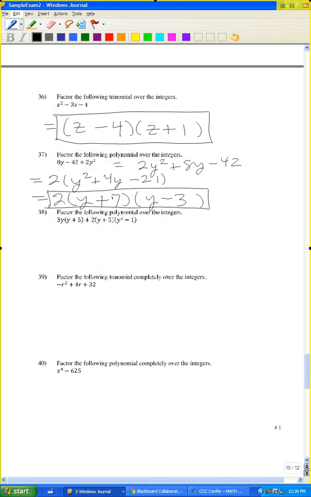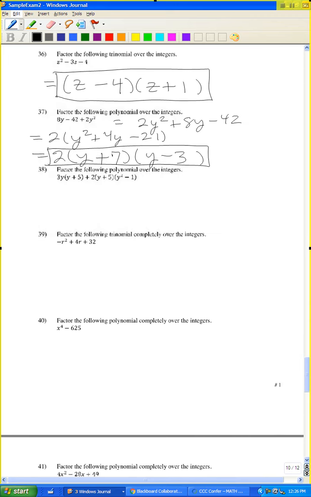Let me do problem 38. Let me multiply this out. Actually, let's not do that. Let's factor out what's in common first. If I factor out what's in common first, I get a y plus 5. Factor that out. What remains is 3y plus 2 times y squared minus 1.